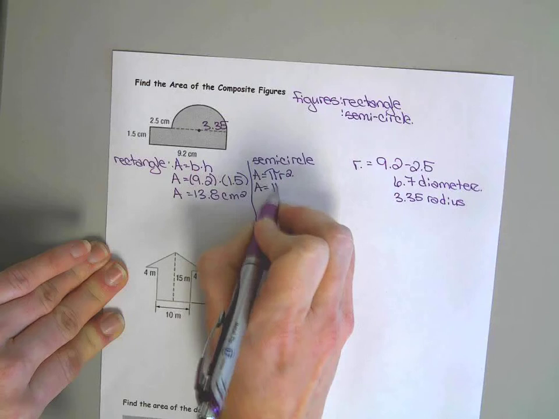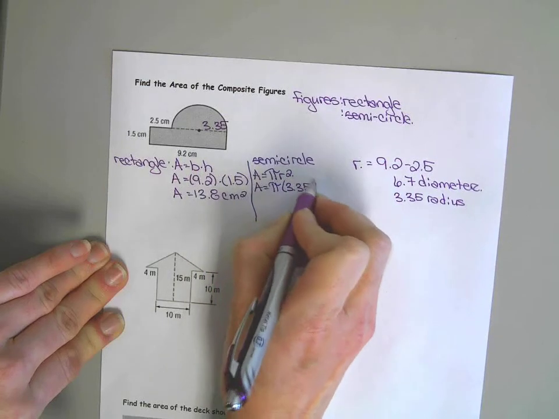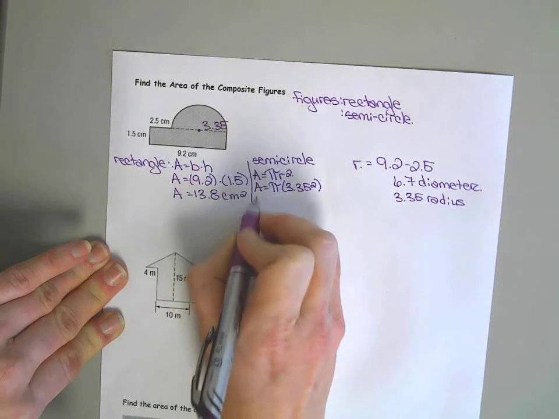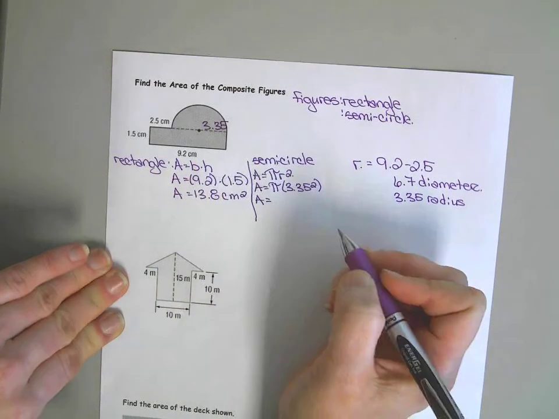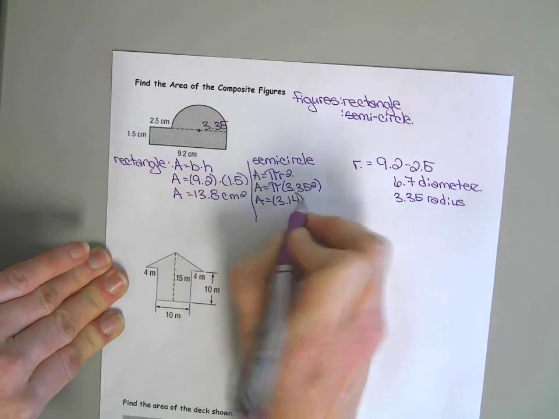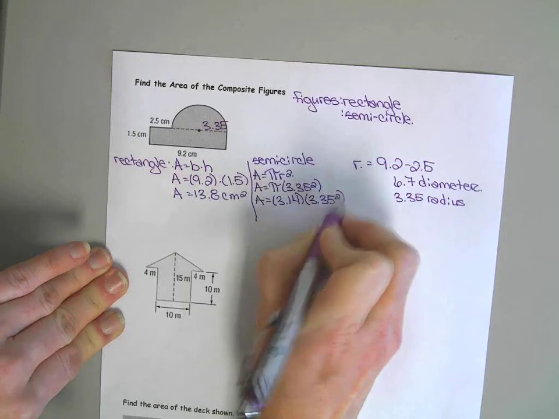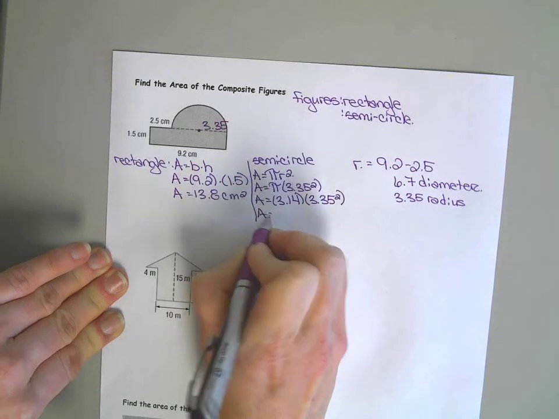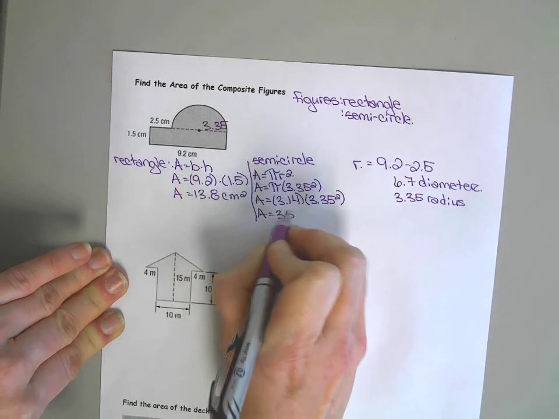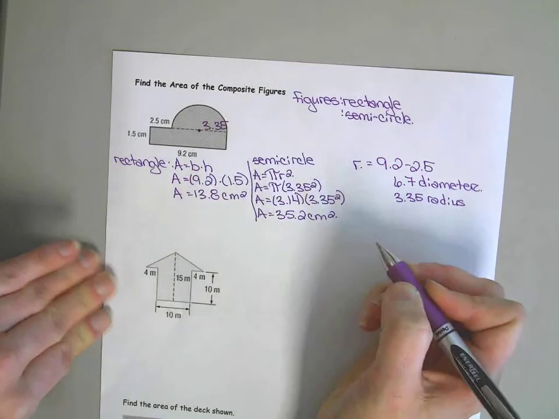Area equals pi times our radius squared. And for pi, we can put 3.14. After calculating, we should get 35.2 centimeters squared.